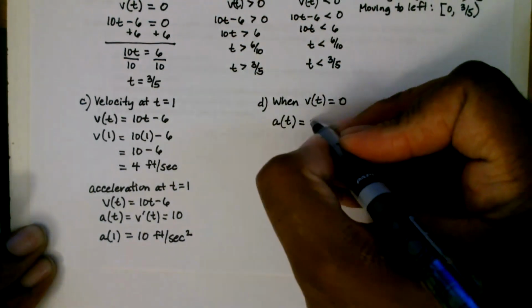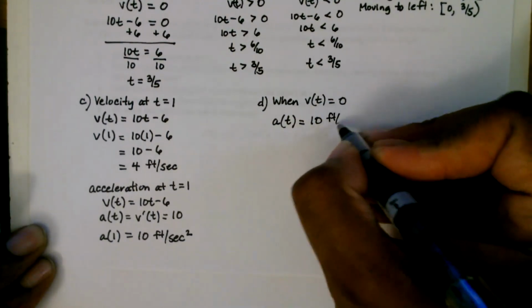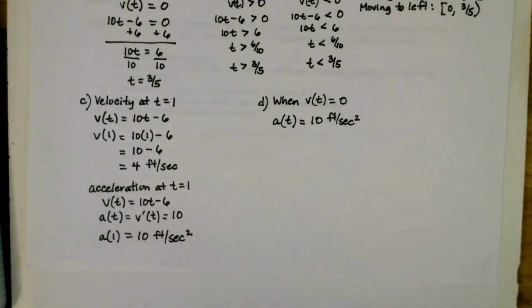So a of t is of course just going to be 10 feet per second squared. Okay. So that one was quite easy because we're pretty much told we got the acceleration. So the acceleration is just pretty much going to be a number.